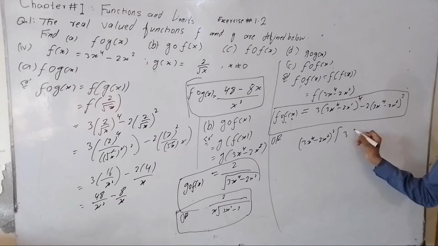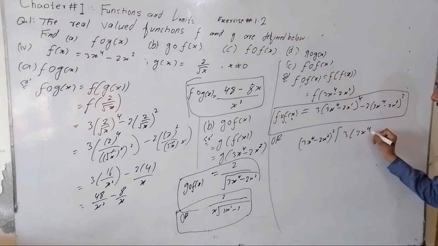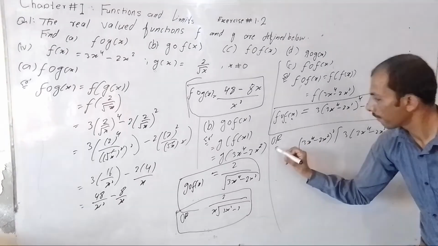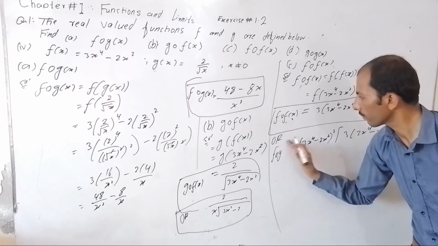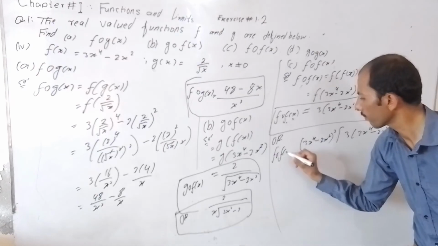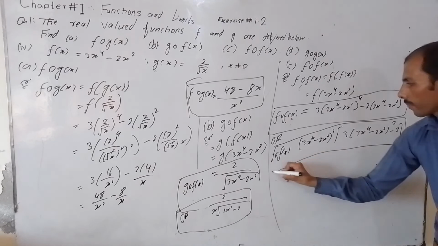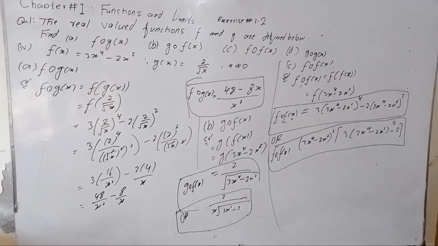So 3 into x power 4 minus 2 is f of f of x. Next, part 4.